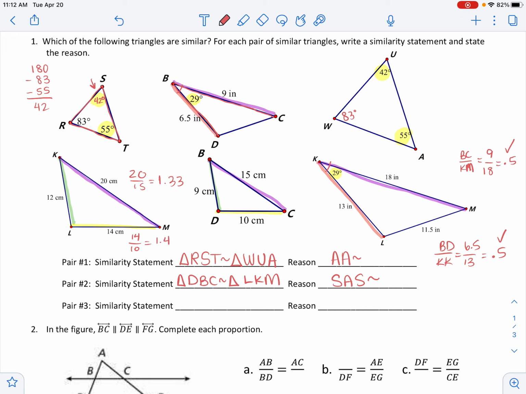Those are already not the same. So I don't even have to test 12 over 9 because right away I see that these two are not the same, so they are not similar. So we only have two similar triangle pairs here.